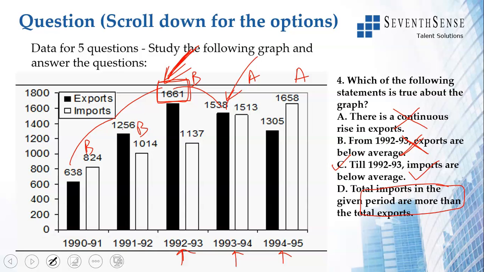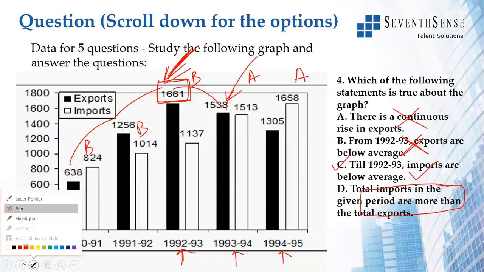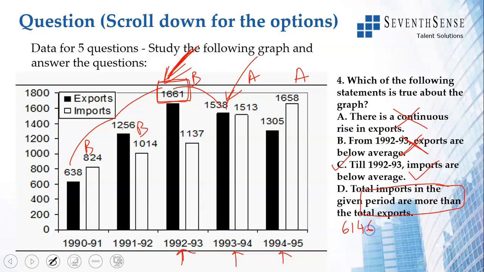Let us look at the total imports in the given period for option D. We had gotten total imports as 6146 when we looked at the average imports question. Let us look at total exports: 638 plus 1256 plus 1661, 1538 and 1305.